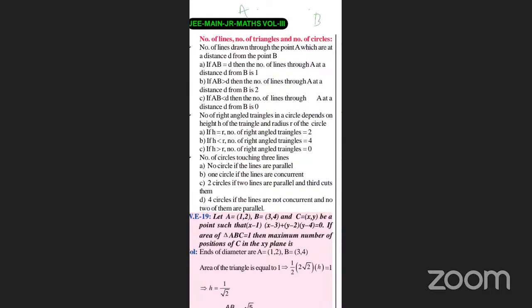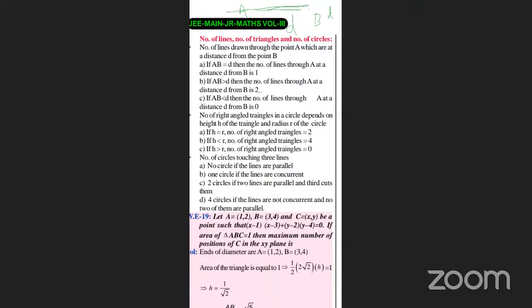If the distance between AB is D, then only one line can be drawn through A from B. If my distance AB is greater than D, let us say D is 3 units and this distance is 5, then I can draw two lines.